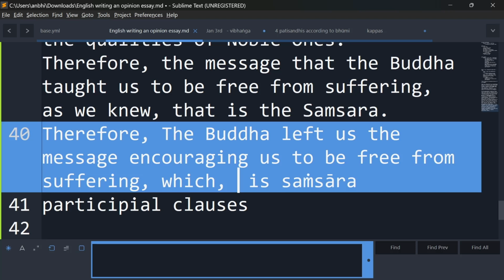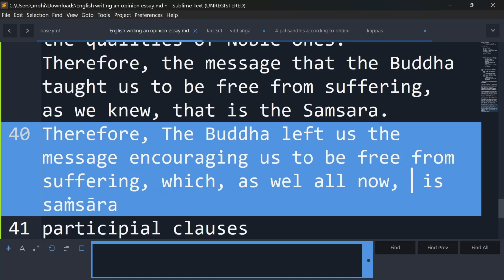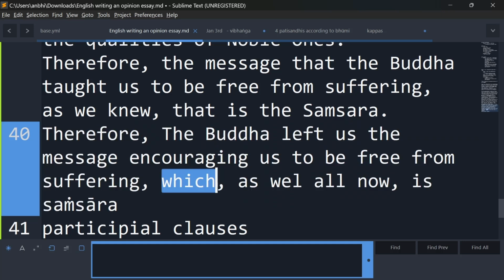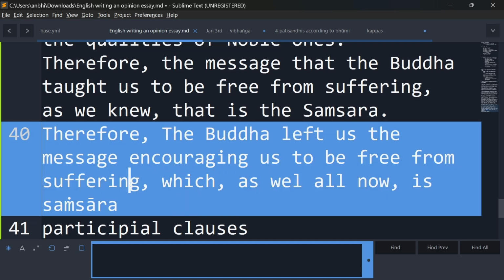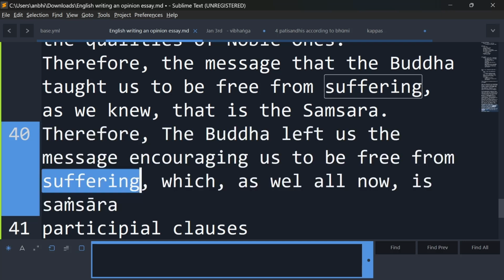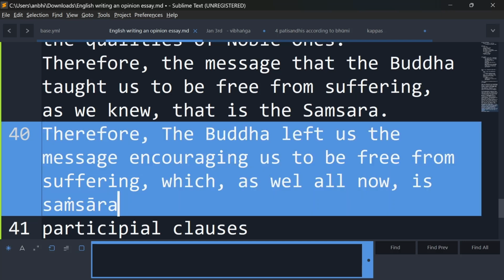If you want to put it in the middle, you can even put which, as we all know, divided by a comma, is samsara. What is samsara? This which. Suffering. And what is which referring to? Suffering.